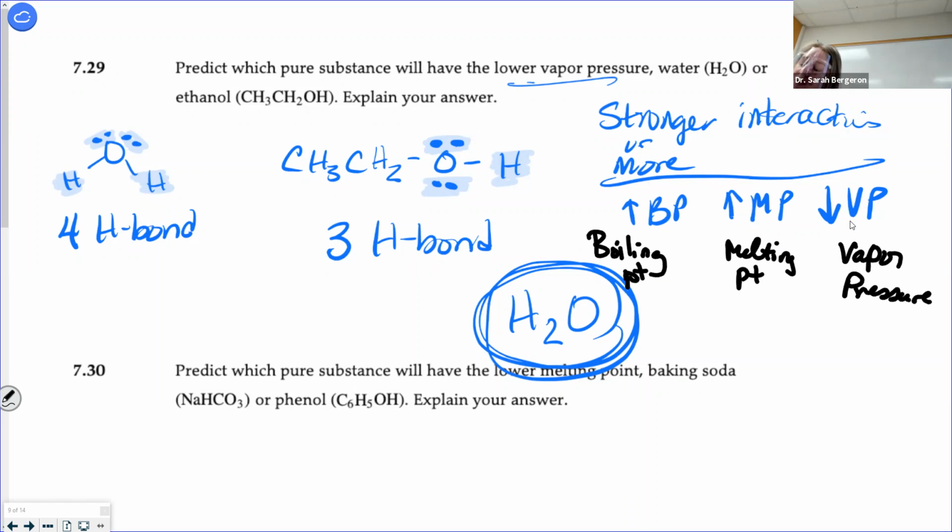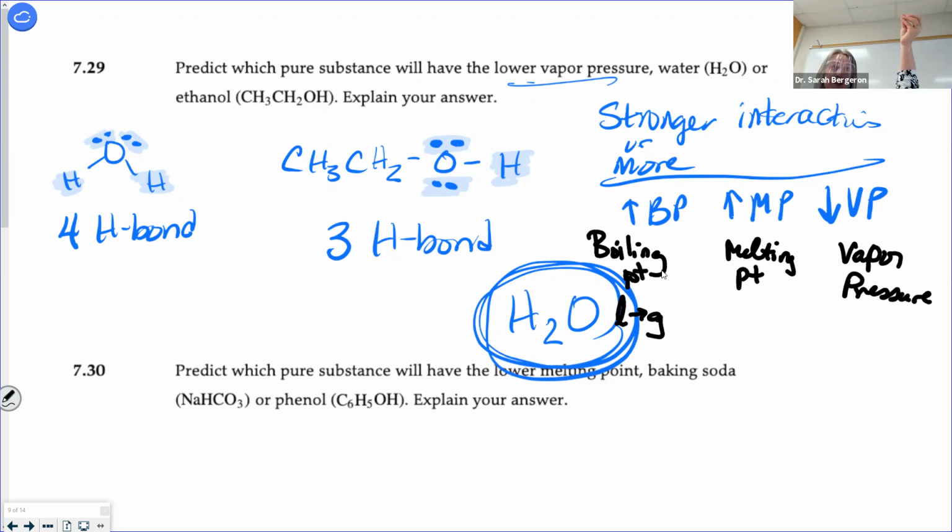So let's talk about these three things real quick. What is boiling point by definition? What's the phase change that happens for boiling point? If I boil water, what happens? It converts from a liquid to a gas. So boiling point is converting liquid to a gas. So the stronger the interaction, the higher the temperature it takes to turn that liquid into a vapor.